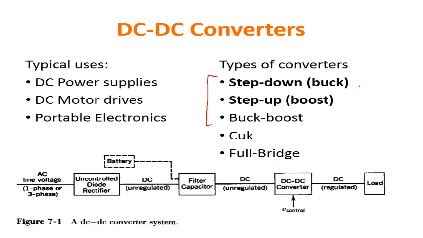The step down, which is also called buck converter. Step down means that the output regulated voltage is smaller than the input unregulated voltage. So if you have a battery with 3.7 volts, you use a buck if you want a DC regulated voltage smaller than 3.7 volts.